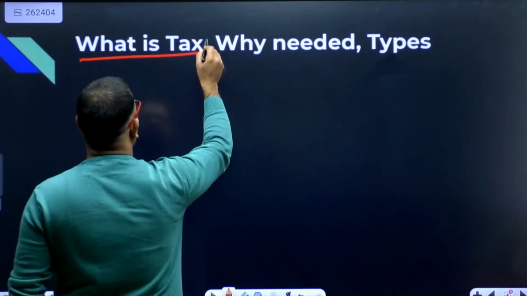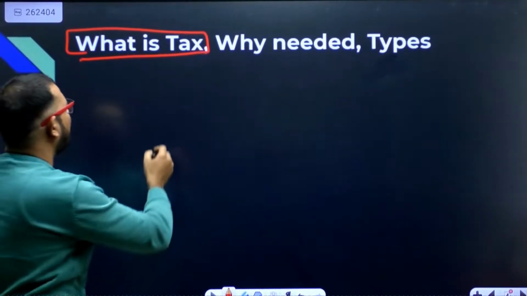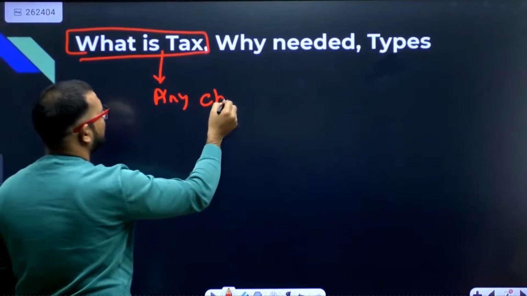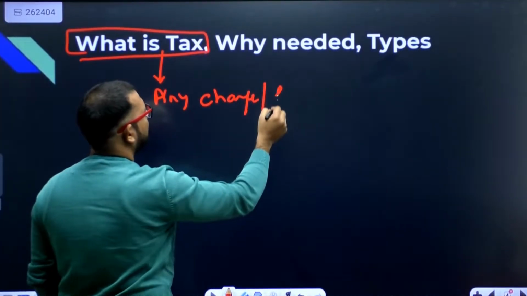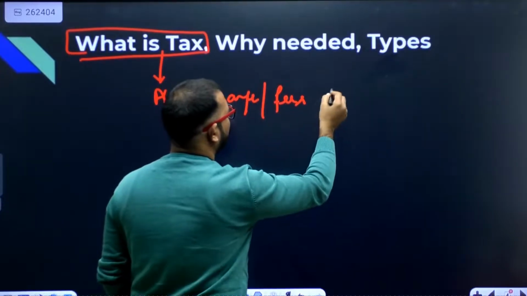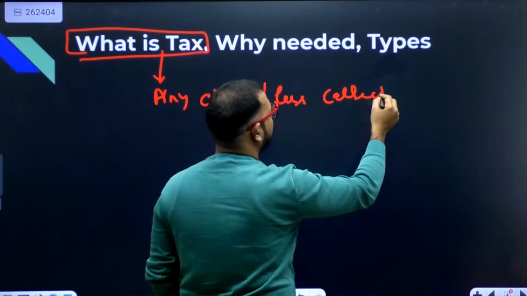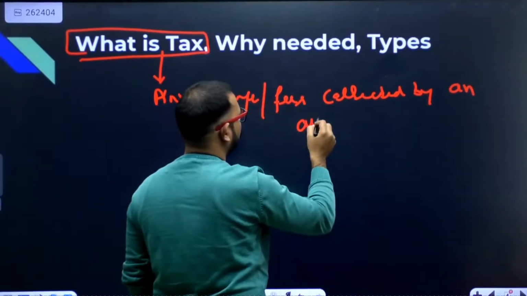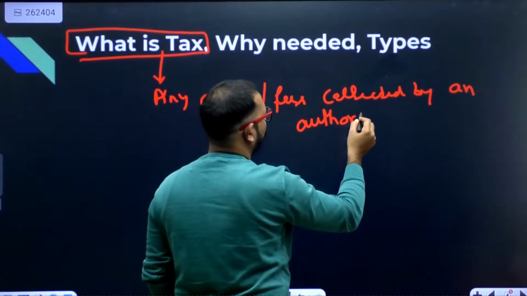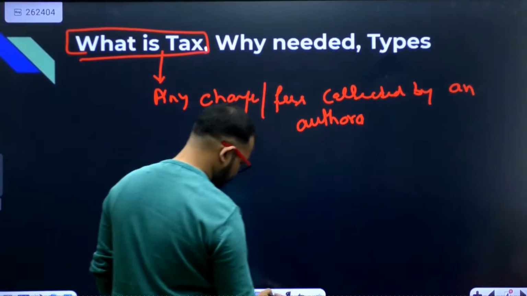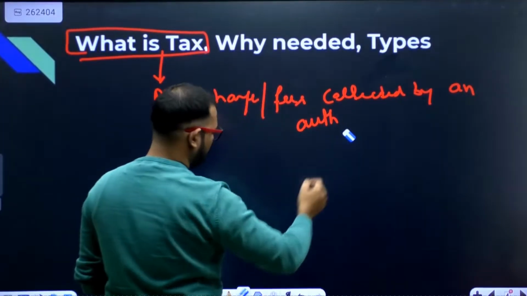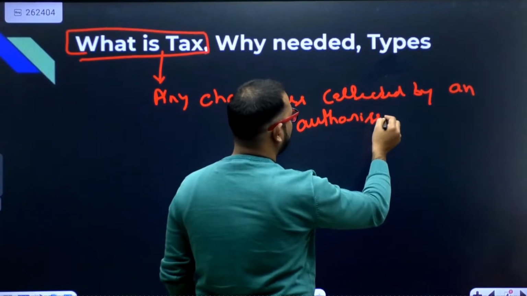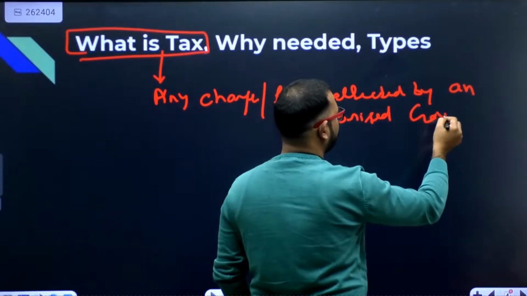What is tax? Tax is nothing but any charge or fee collected by an authorized government.